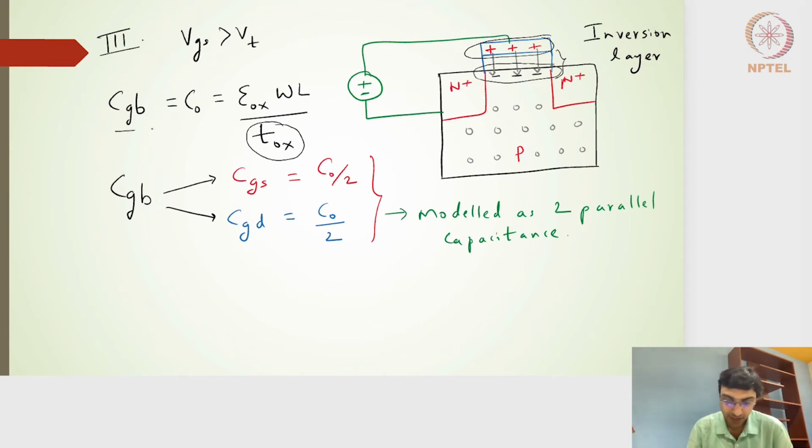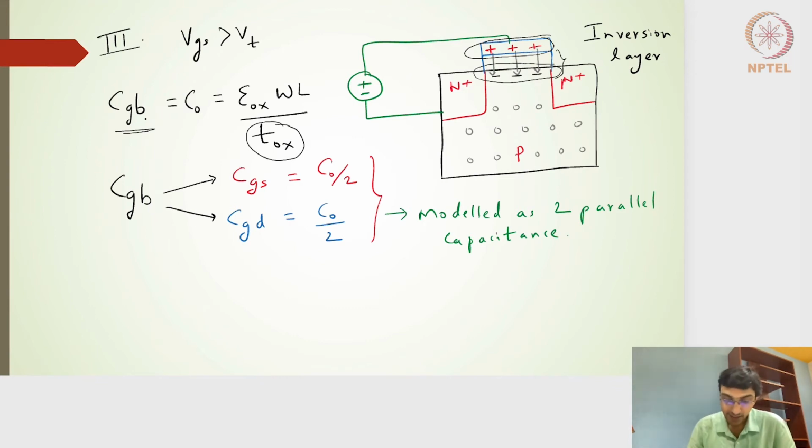So my CGB value is coming back again to epsilon oxide WL by T oxide. So in these two modes, when VGS was negative and when VGS was greater than VT, the capacitance values were the same. In between, from the accumulation to the inversion region, that is the depletion region, that is when the capacitance value will decrease.